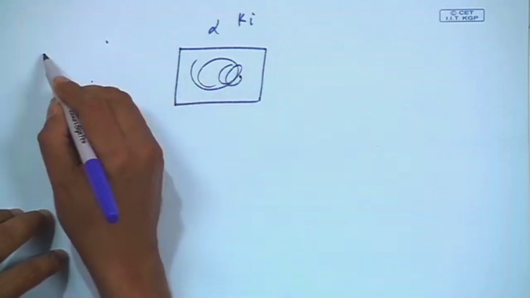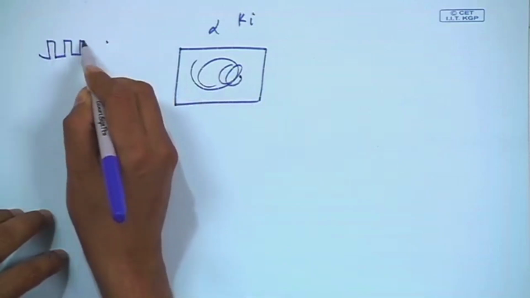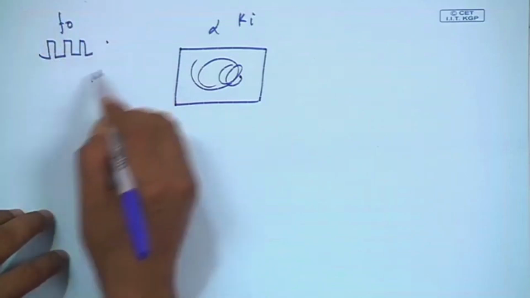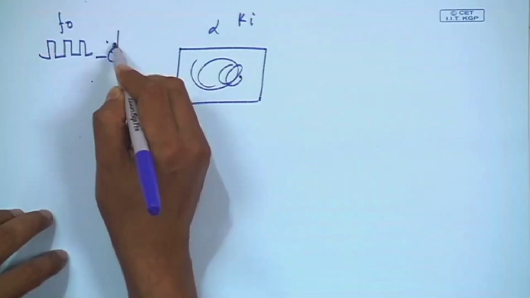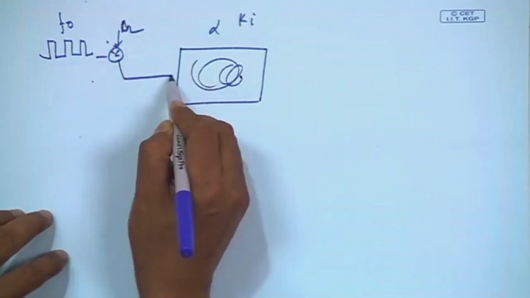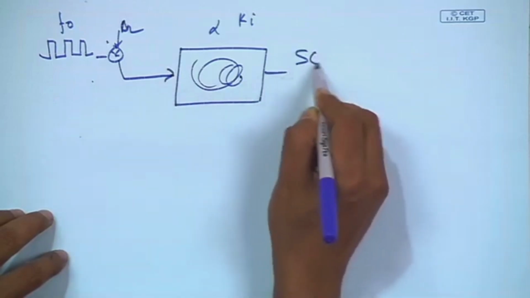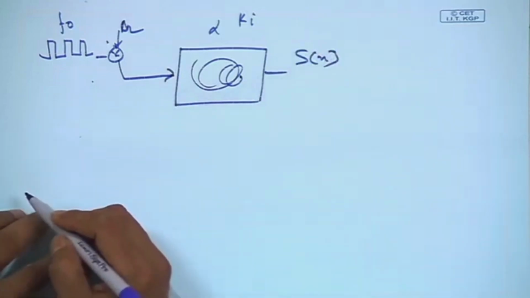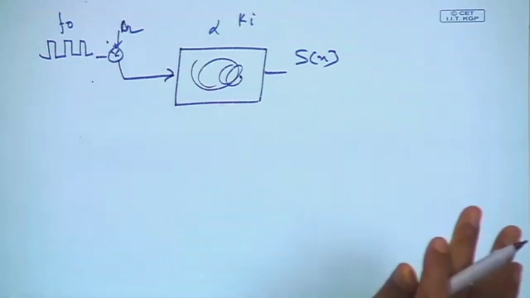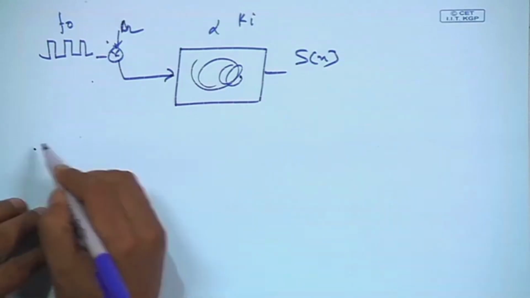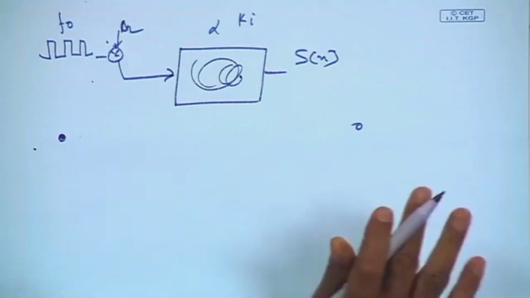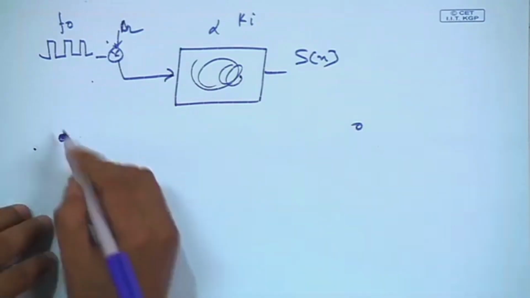The voice signal is modeled as an impulse train, so I generate the impulses based on the f0 value of the voice signal, multiply by the gain g, and pass it through this filter to generate the speech signal. So, consider a simple LPC encoder and decoder. If I want to transmit this signal from this point to this point using simple LPC encoding and decoding, what do I want?